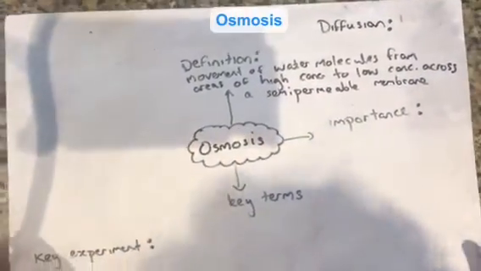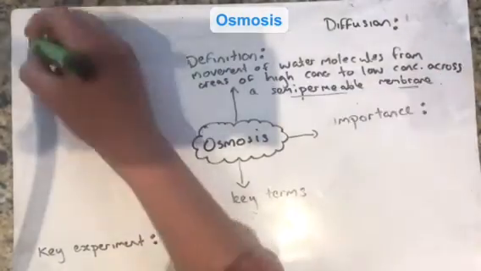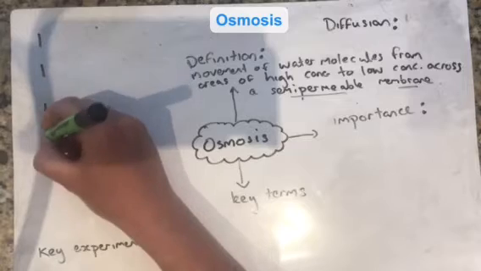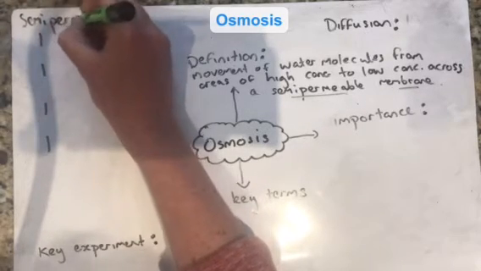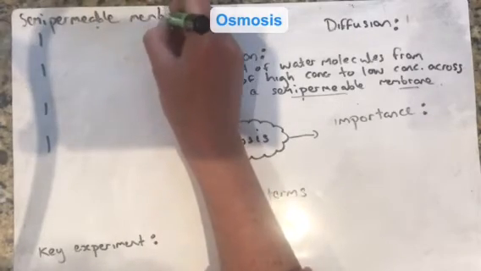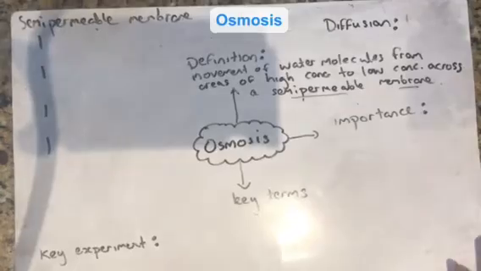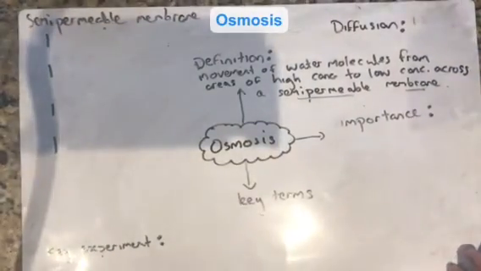Okay. So a semi-permeable membrane then, girls, okay? So semi-permeable membrane is one which allows certain materials to go through, okay?